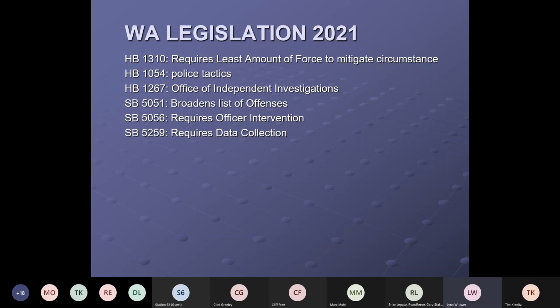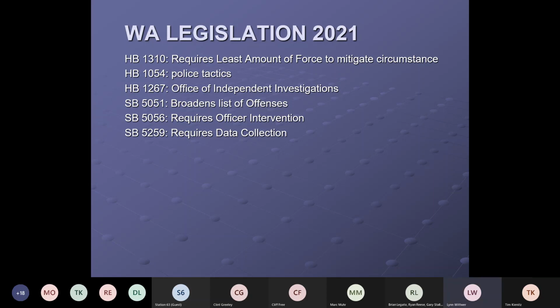House Bill 1054, which is a police tactics bill, regulates what kinds of things they can do. For example, it says they can't use neck restraints or chokeholds. Well, that makes perfectly good sense. They can't use military equipment, although that's not further defined, because the SWAT teams go out and they have basically an assault rifle, but it's not defined as to whether that's okay or not.